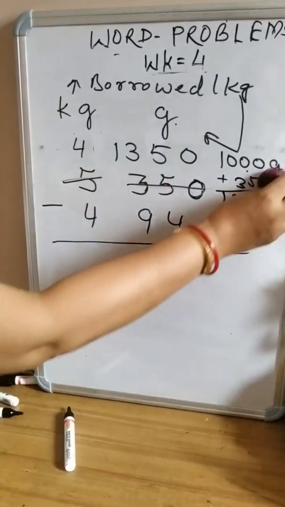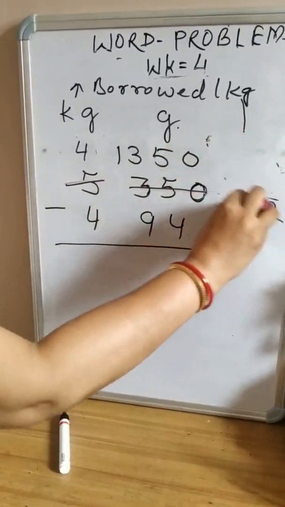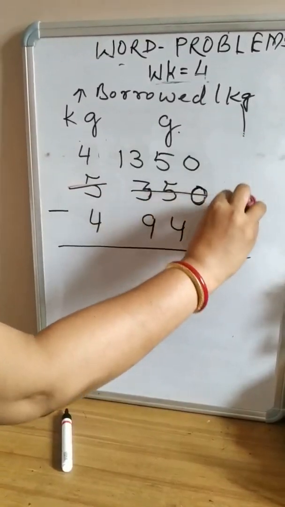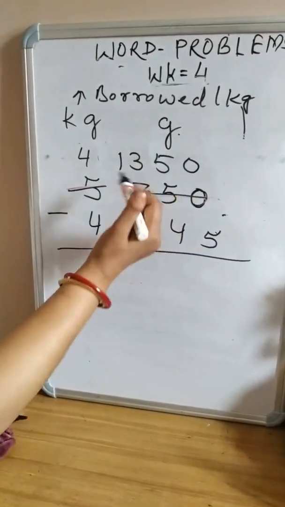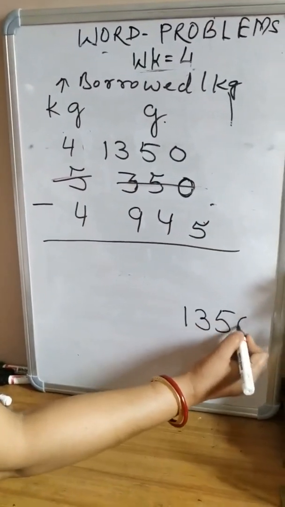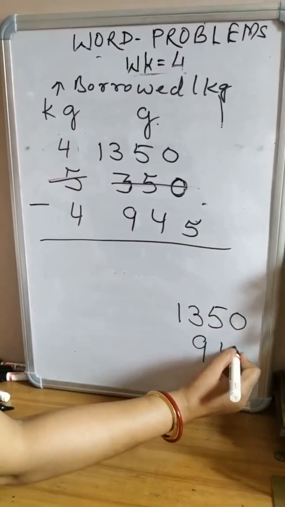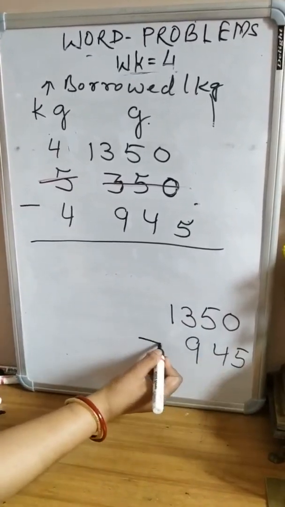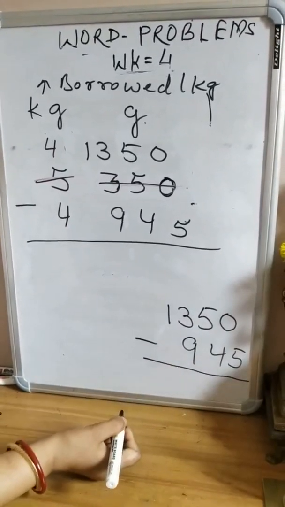Now let us do subtraction. Now we can do subtraction very easily, right? So here we can subtract. All of you see, 1350 and 945. We can easily do the subtraction, right?